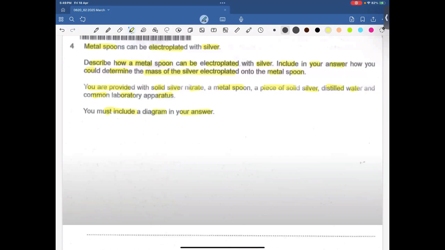Okay, silver plating, that's an easy thing. This is your ammeter. This is your switch.